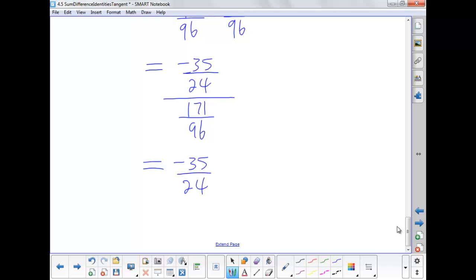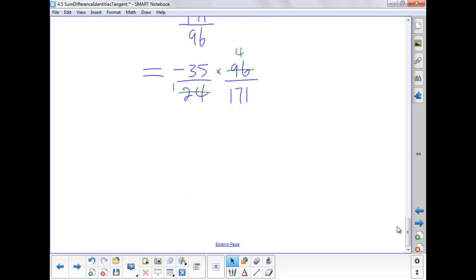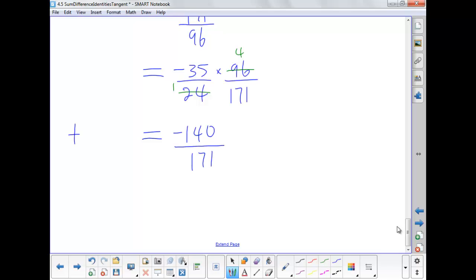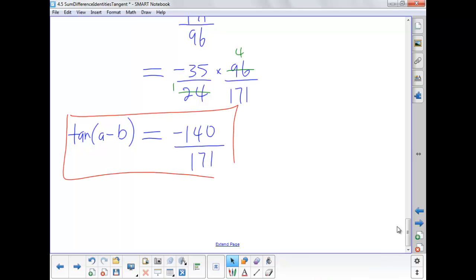So this is going to be times 96 over 171, and I already knew from before 24 goes into itself once, into 96 4 times, and as it turns out 35 and 171 don't have any common factors, so my final answer here is just going to be the product of negative 35 and 4, which happens to be negative 140, over 171. So I've now got tangent of A minus B calculated, and at this point we have answered our question.